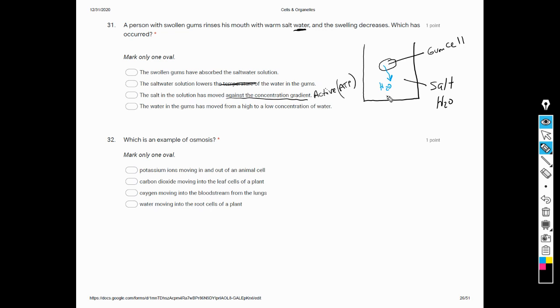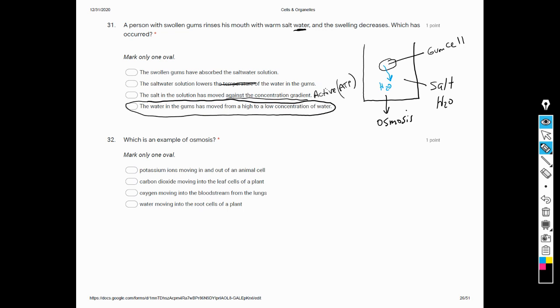What we're looking at with the movement of water is osmosis, which is passive transport and does not require any energy in the form of ATP. The last answer choice, the water in the gums has moved from a high concentration of water to a low concentration of water, would be the explanation why a person rinsing in salt water decreases the swelling in their gums.